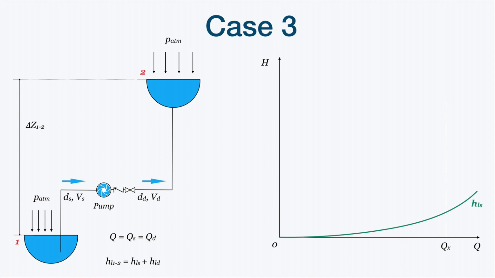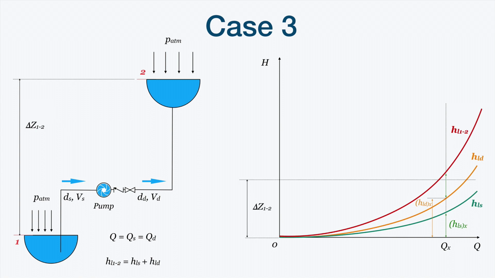draw the curve of the head losses for the suction pipe, the corresponding head losses for this value Q, the head losses for the discharge pipe, and adding this curve in series, I mean adding the head losses, we obtain the curve of the system.